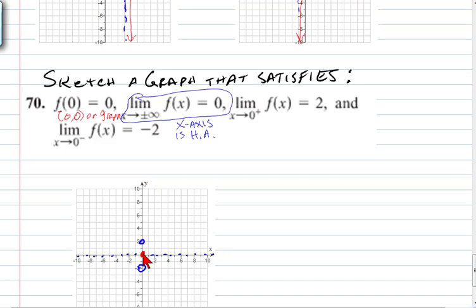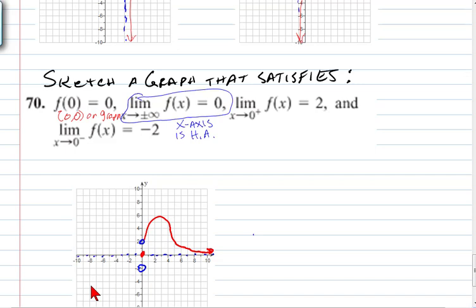Now, I've got to sketch the graph. The only thing I haven't used is the fact that these are going to be asymptotes. So I can make this graph do whatever I want around here as long as it's a function and it eventually becomes asymptotic here. I can make this do whatever I want as long as eventually it becomes asymptotic. Right?